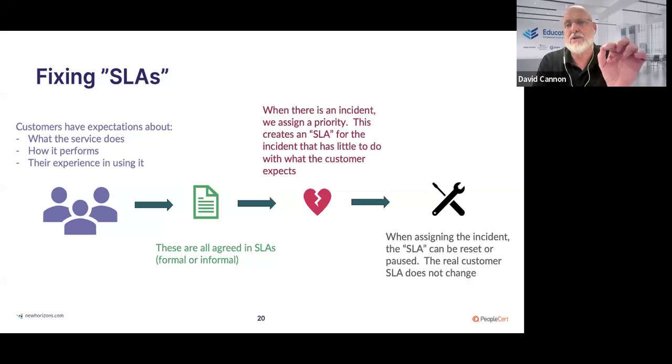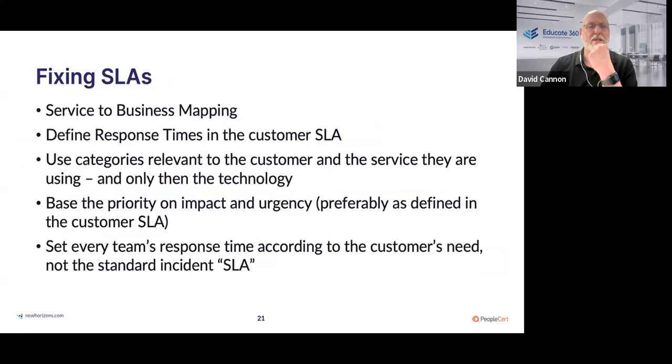Honestly, if you're doing service level agreements the right way, you wouldn't need an XLA because you would be including that linkage between what's in your incident record and what you've agreed with your customer. So how do we fix that? There you are. I'm going to let you read that because we're reaching the end. In fact, we're just on time. But there are ways in which you need to link the incident and the type of incident that is being experienced to the experience of the customer who is experiencing the downtime.